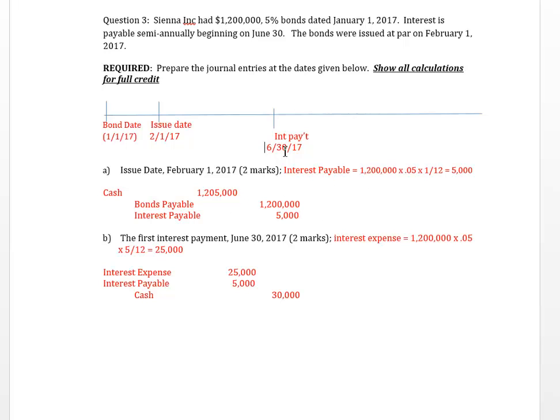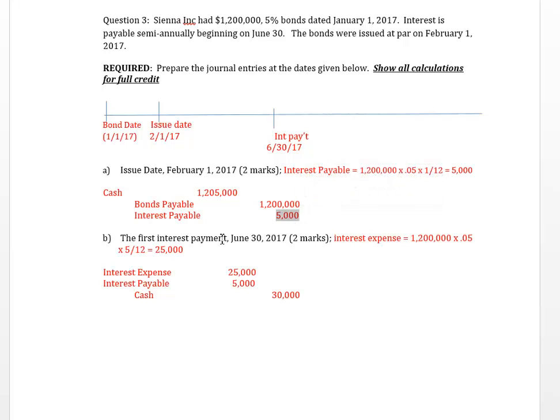Because once June 30th rolls around, Sienna is going to pay the investors a full 6 months interest, which includes this $5,000. Because the investors are giving them this $5,000 up front, which is part of this 1.205 million, we have to record that $5,000 on Sienna's books as a payable because they're going to give it back to them at the end of 6 months.